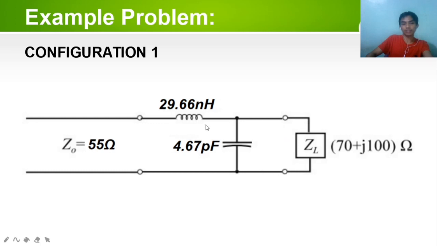This matches the characteristic impedance of 55 ohms. So this is configuration number 1 of the L network.